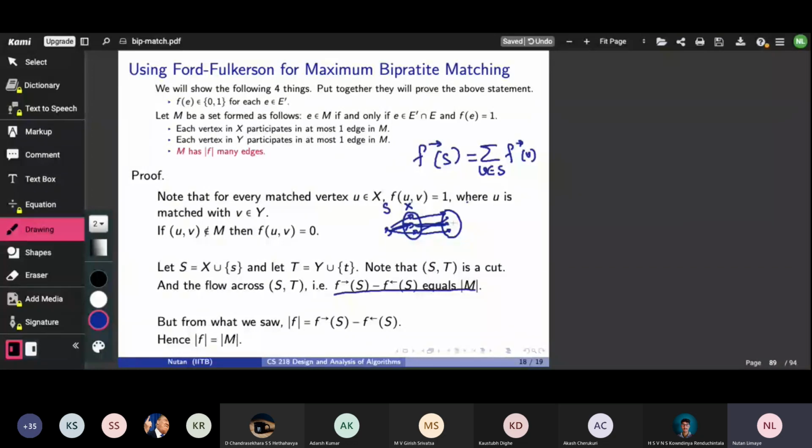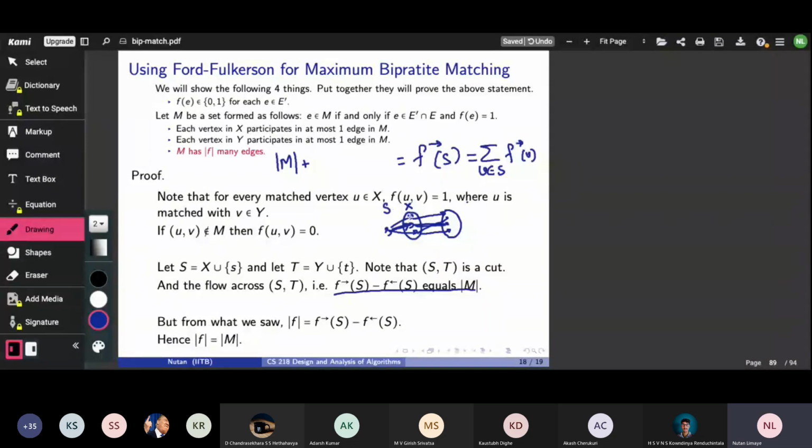So suppose u comma v was a matching edge, an edge in the set M, then we send a flow of value 1 from s to that vertex u. So for all the vertices that participate in the matching on the X side, we are sending a flow of value 1 there. So when I think about this term here, I have to add cardinality M amount of flow as the flow leaving the vertex little s.